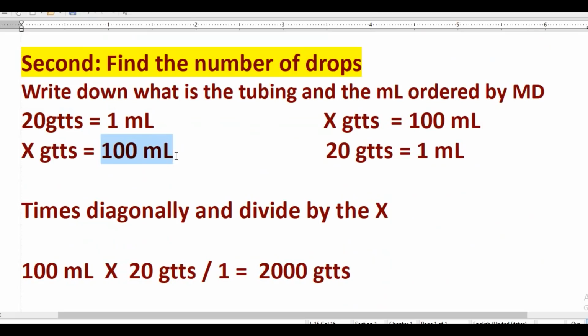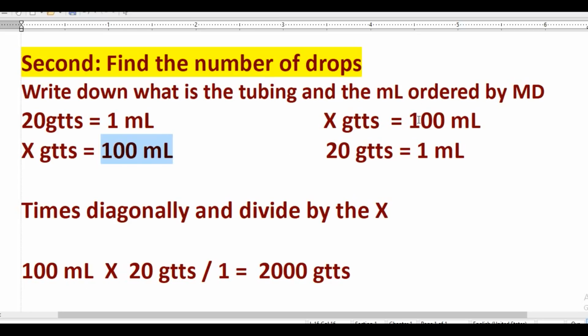And X, we're looking for the drops, so that gives us an X. So if we set it up like I have on the left, or whether you set it up like you have on the right, it doesn't matter. Because we times diagonally and divide by the X. We times diagonally 20 drops times 100.